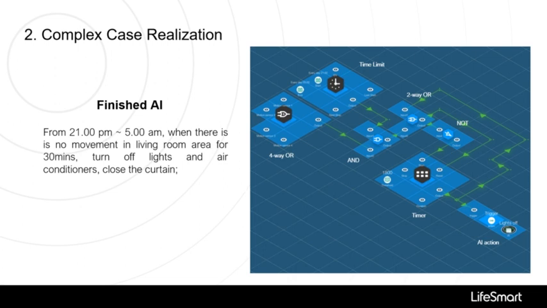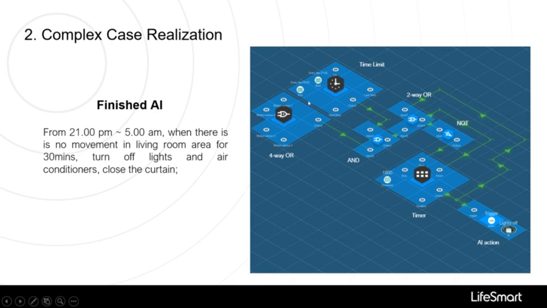Okay, as we have designed all the function modules, finally we just need to connect them together, and we have a finalized AI as displayed here. The four-way OR and the time limit represent two conditions: whether there's someone in the living room, and whether the time is between 9 p.m. and 5 a.m. These two conditions will go to an AND operator.